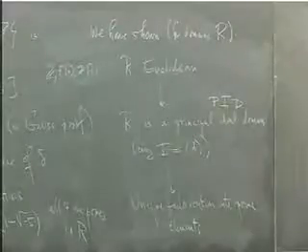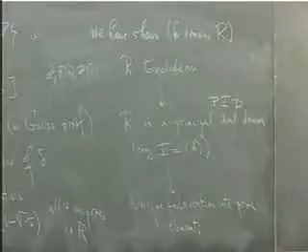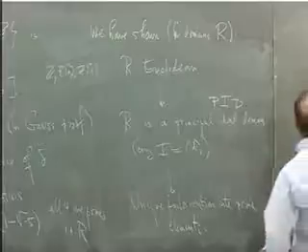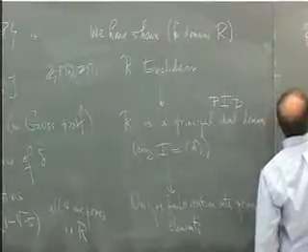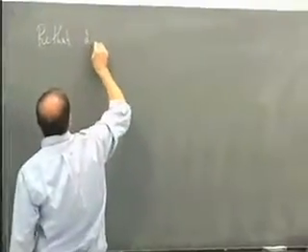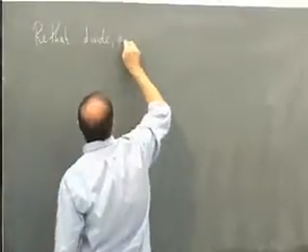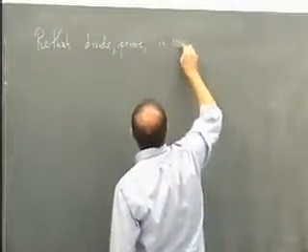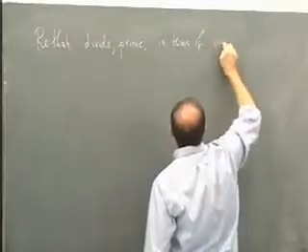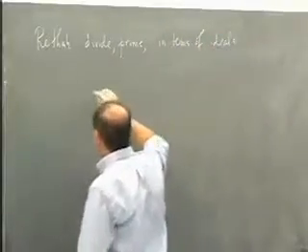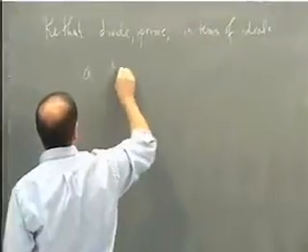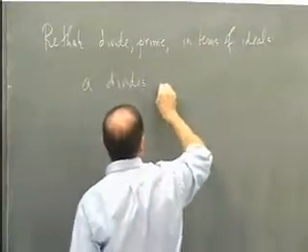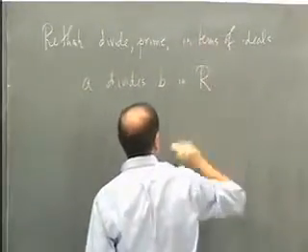So let's rethink what divide means. Rethink divide, prime, all of our terminology in terms of ideals. First of all, what does it mean that A divides B in R?